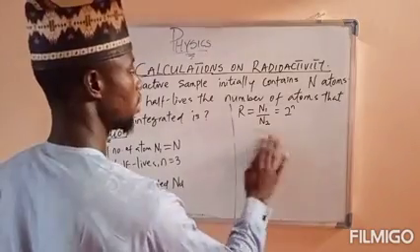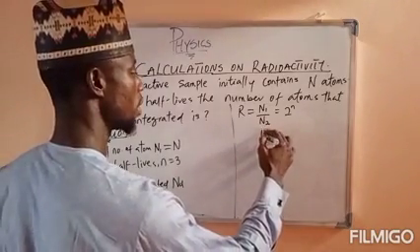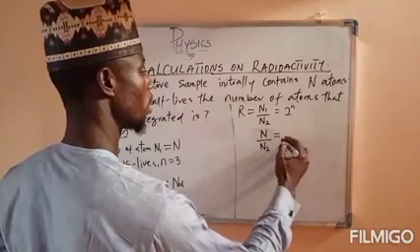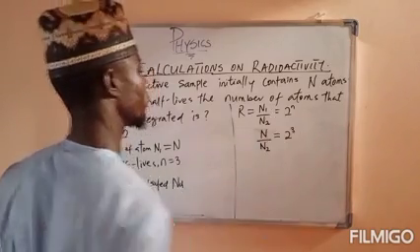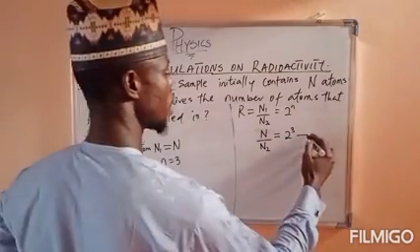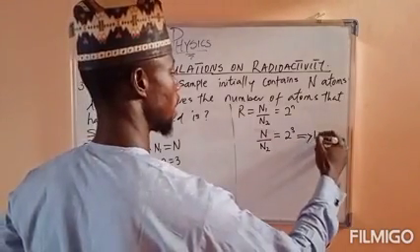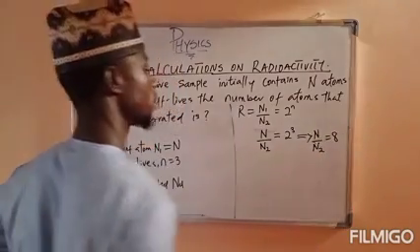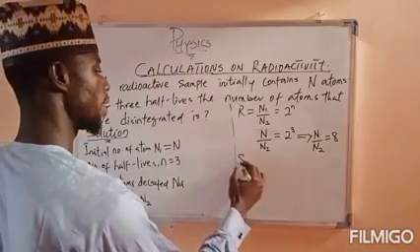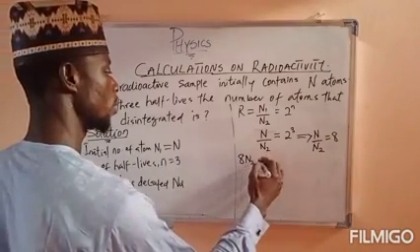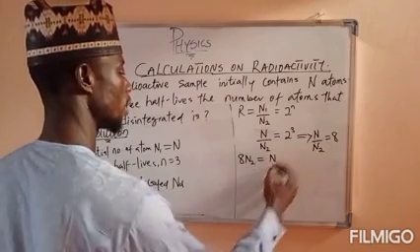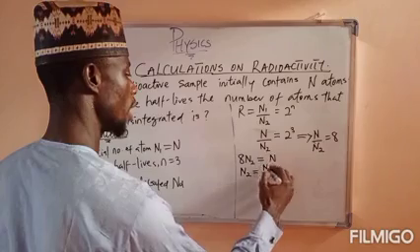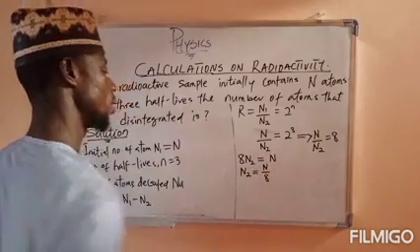So this shows that I'm going to have N1, which is N, all over N2 is equal to 2 raised to power 3, which implies that N all over N2 is equal to 8. When you cross multiply, I have 8 multiplied by N2 is equal to N. From here, N2 is equal to N all over 8.